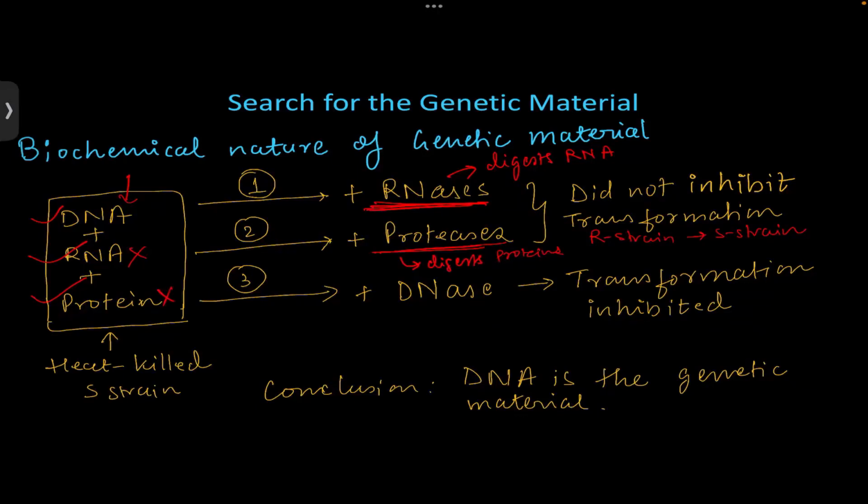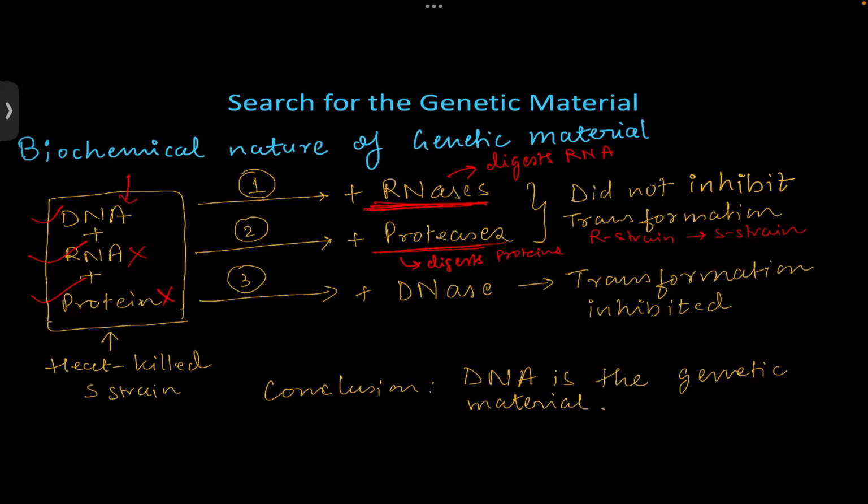So in this particular mixture, we will have only DNA and RNA. Now when this mixture was injected into live R strain bacteria, they saw the transformation did happen from R strain to S strain bacteria. So now we can say that protein is also not the genetic material.